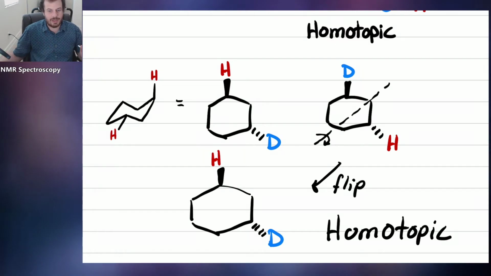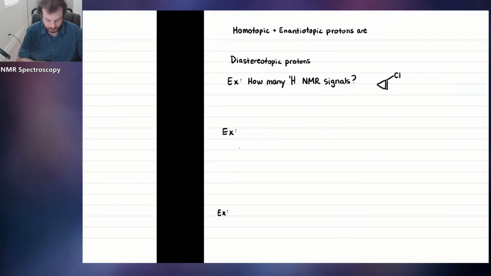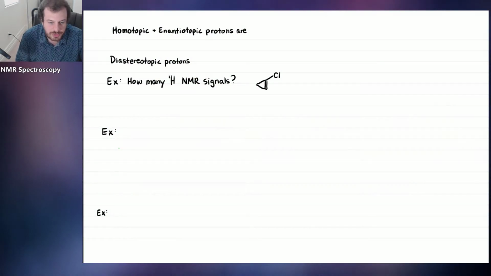All right, now that we know that, now we can answer a harder question, which is if I give you a molecule, how many signals will it produce? Let's take a look at that. So homotopic and enantiotopic protons are what we call chemically equivalent.